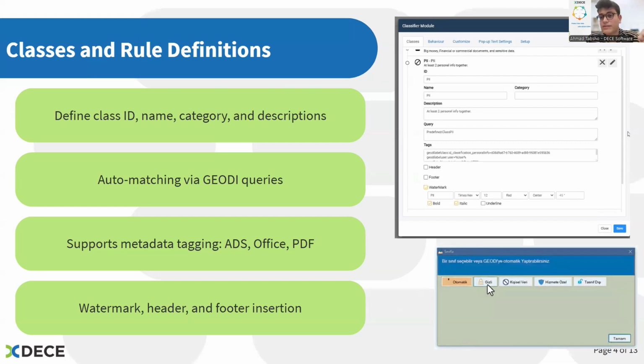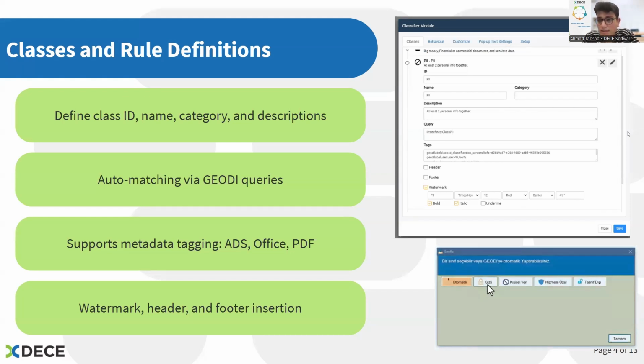But the DLP detects the IDs of each document or each entity inside your company based on the ID that GeoD provides, and auto matching with the GeoD queries, because GeoD is not only a classification product, it is a discovery product, so it has its own queries like other products as well.